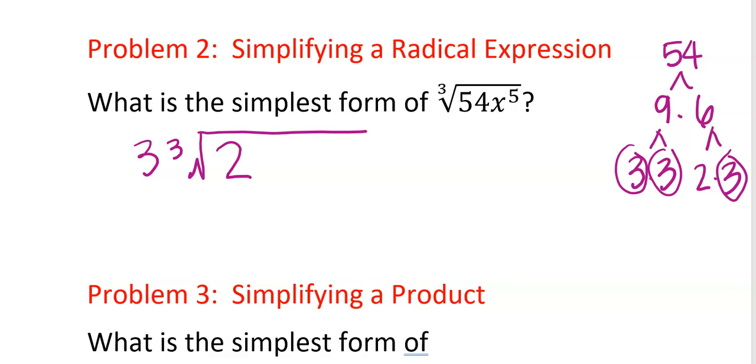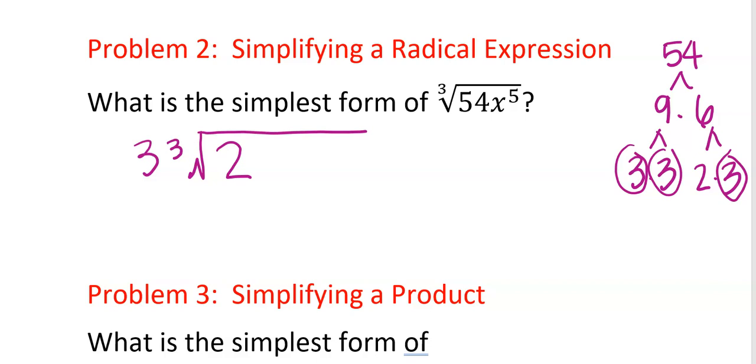Now we're going to work on the letters. You can do it a couple different ways. The book usually does numbers to exponents, but you can do it a different way. So how many x to the 3's can we take out of an x to the 5?